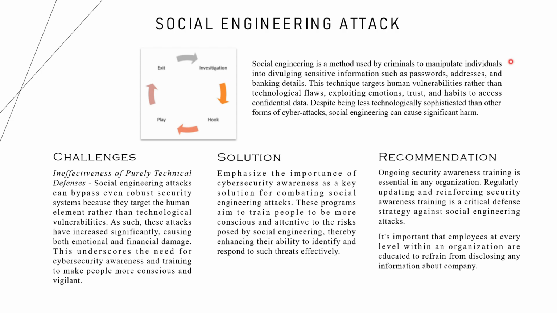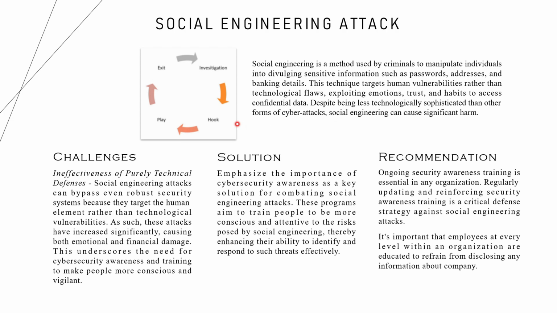This technique targets human vulnerabilities rather than technological flaws, exploiting emotion, trust, and habits to access confidential data. Despite being less technologically sophisticated than other forms of cyber attack, social engineering can cause significant harm.